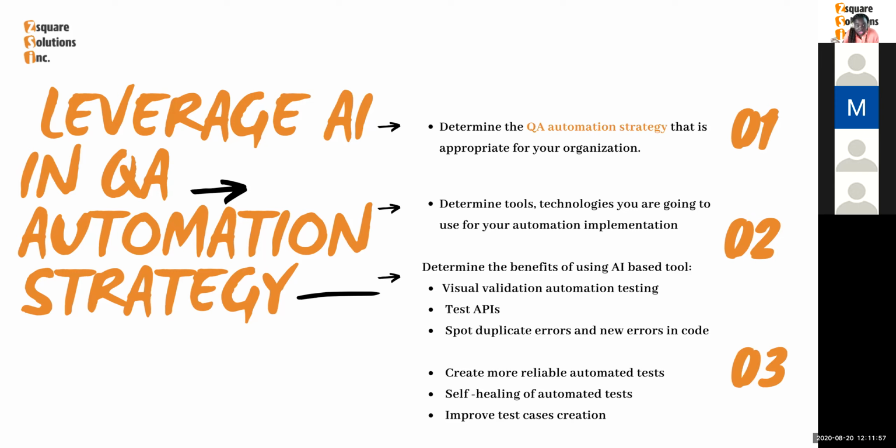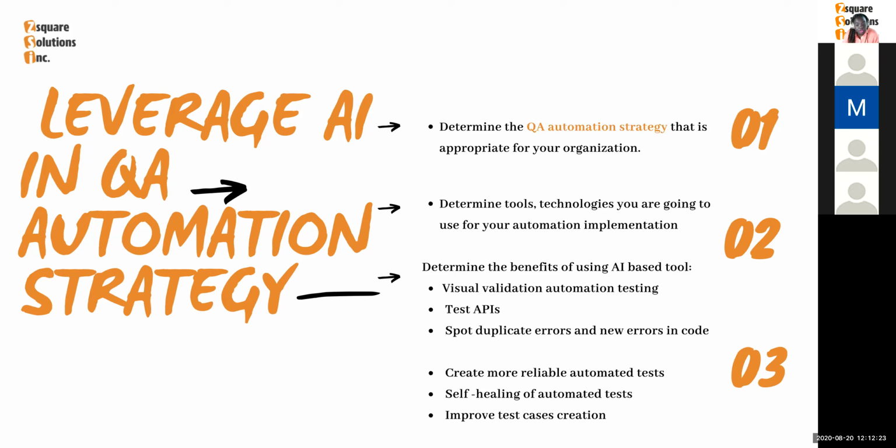This year I wrote 3 blog posts about QA automation strategy, which you can find on my blog at Discourse Solution Inc.com/blog. I literally broke it into 3 blog posts because automation strategy is very crucial to starting an automation journey in your organization.